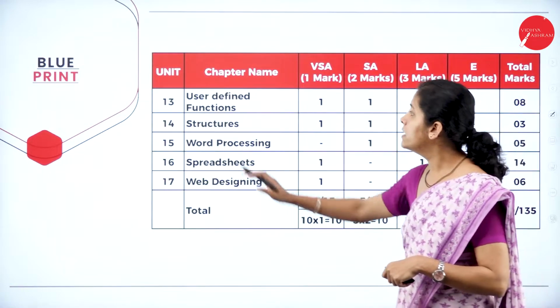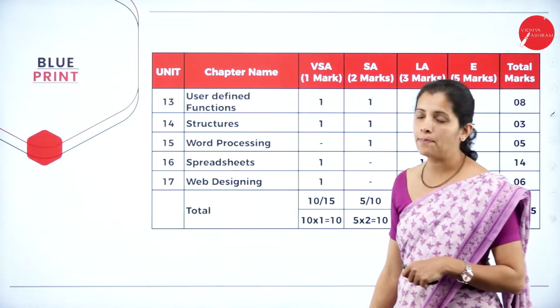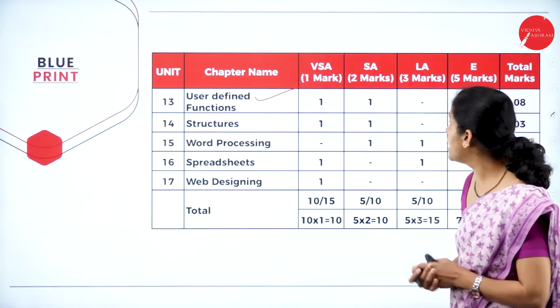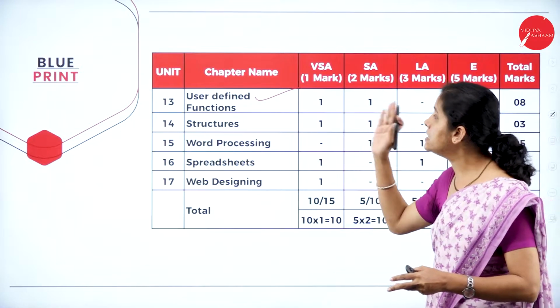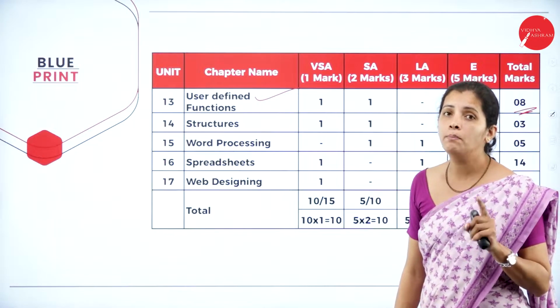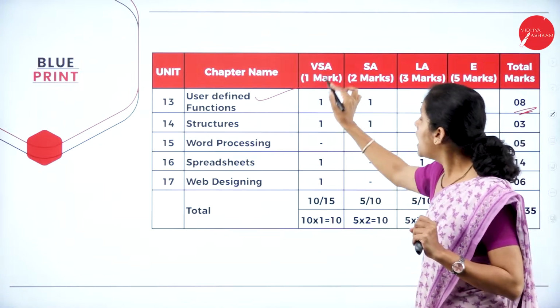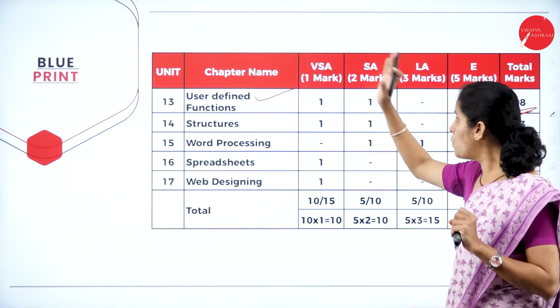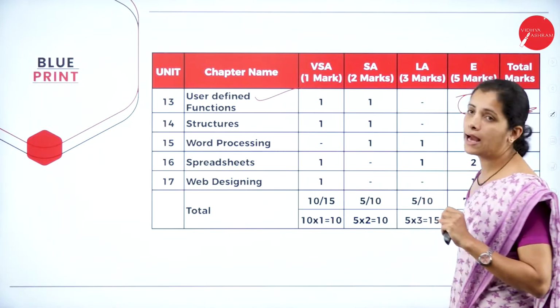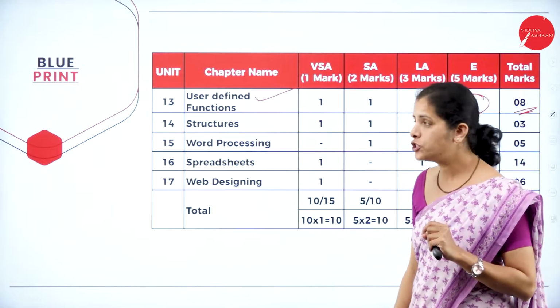Moving further, if I consider the 13th chapter, what is the chapter name? That is user defined function. If I study this chapter, I can score 8 marks, and I'm going to get one 1-mark question, one 2-mark question, along with one 5-mark question.